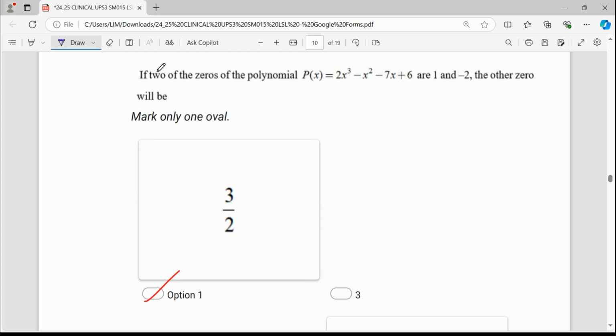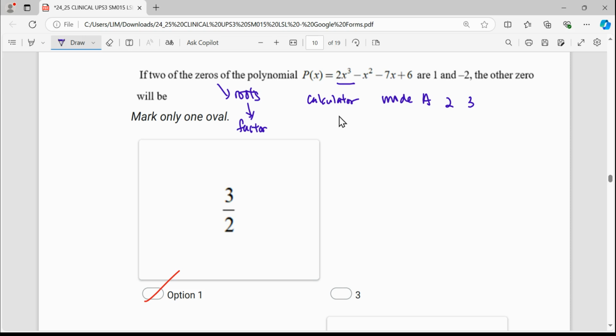If two of the zeros of the polynomial are 1 and negative 2, the other zero will be? Zeros come from roots. Roots can be found from factors. To factor this cubic, we can use the calculator. So again, with the mode equation, take out polynomial, then key in the degree of your polynomial, cubic, which is 3.